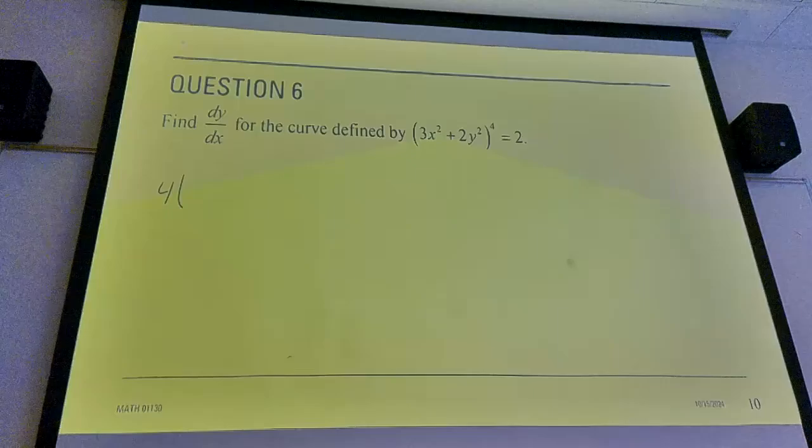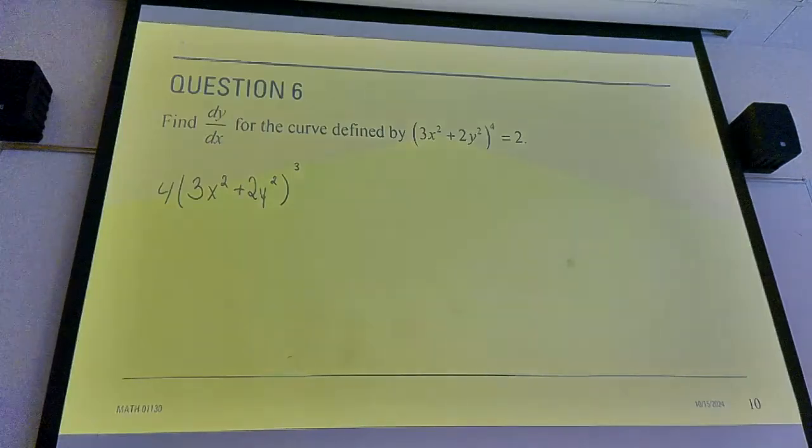I don't see a function. Expression. So what is it? 3x squared plus 2y, parentheses, to the third. What do you think this is? Calc 3, where we're dealing with multivariate functions?